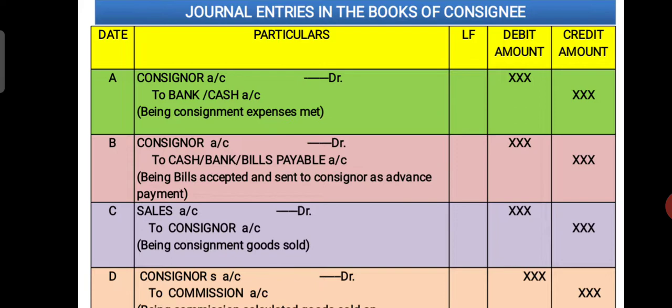Here we think ourselves as consignee. What happens in the consignment business? Consignee spent some amount on consignment transactions or consignment business. Whenever the consignee meets some expenses on consignment, we write this entry. What is the entry?